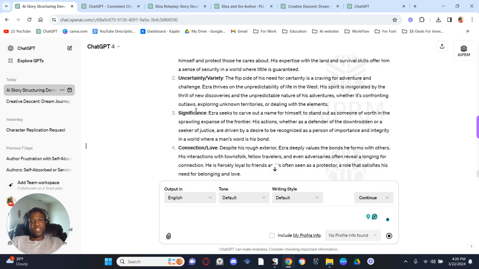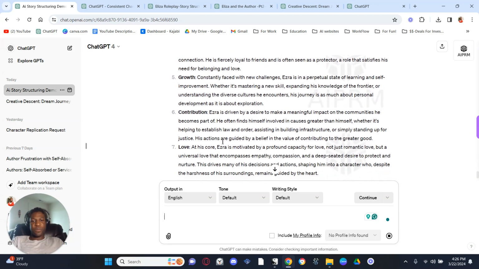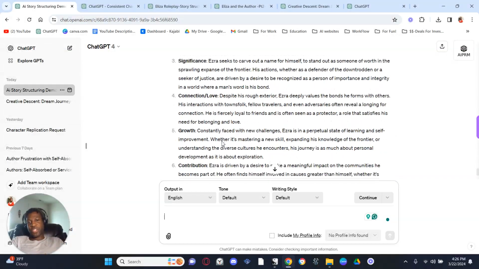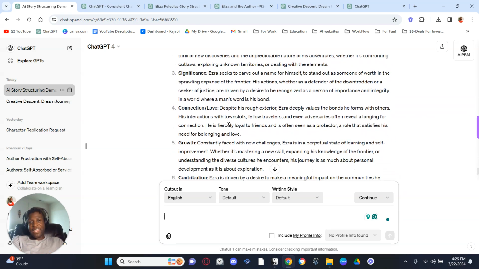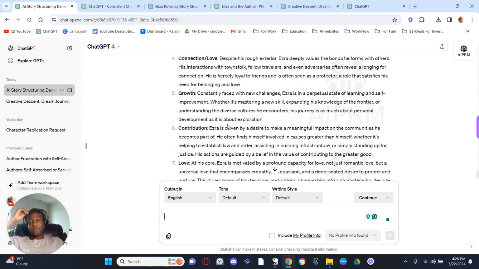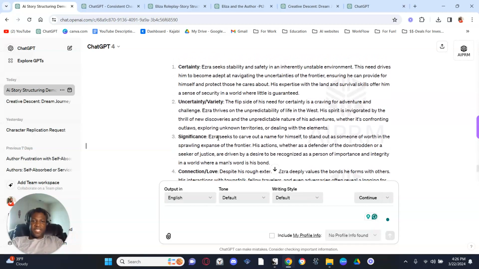I just did it: certainty, uncertainty, significance, connection, love, growth, contribution. So go through and read all of that, see where he is in all of it, and then decide which one I want to deprive him of. Now, these are these needs.